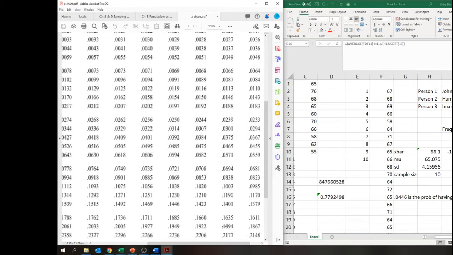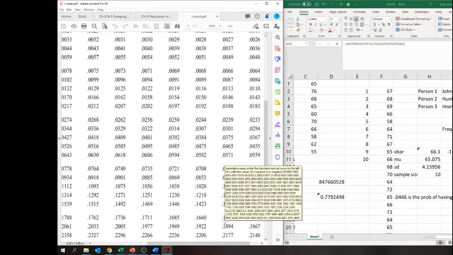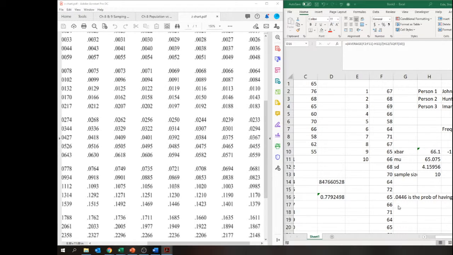This right here is the probability, so 0.2177 is the probability of a group of 10 randomly having an average height of 66.1 or higher.